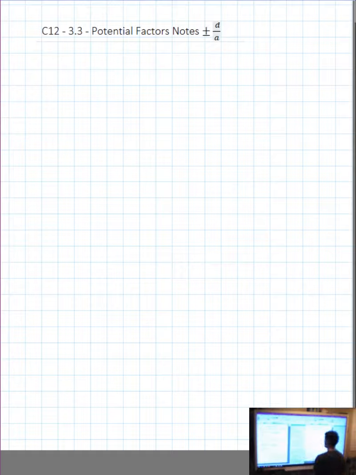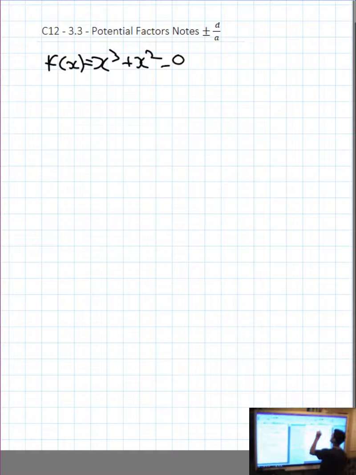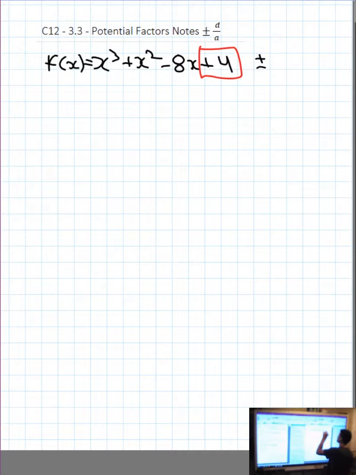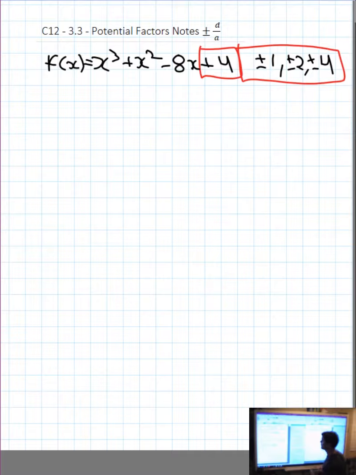Okay, a brief bit on potential factors. Let's go for f of x is equal to x cubed plus x squared minus 8x plus 4. Remember, we list the potential factors as the potential factors of the last number, so plus and minus 1, plus and minus 2, plus and minus 4, our potential x-intercepts and therefore factors.